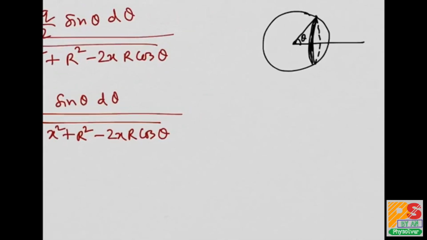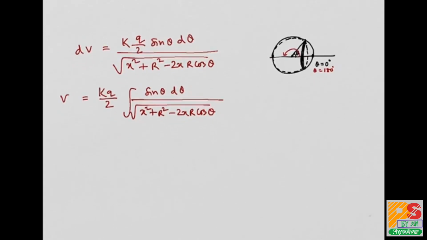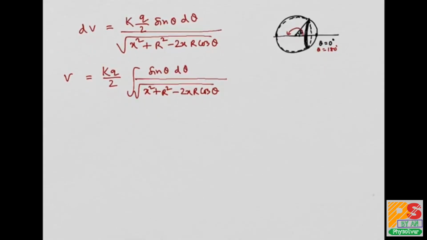For the lower limit the circular ring will be here and theta will be 0 degree, and for the upper limit the circular ring could be here, theta will be 180 degree. So the limit should be 0 to pi.